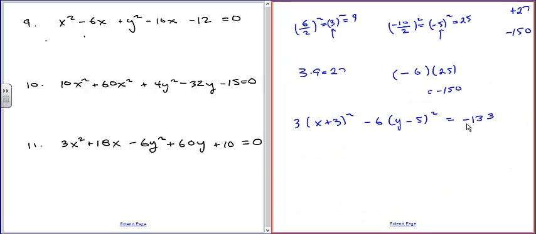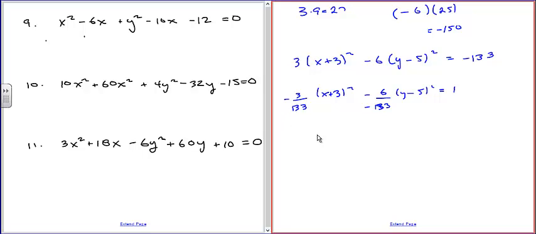Now, I'm going to divide by negative 133. So I'll have negative 3 divided by 133 times x plus 3 squared minus 6 divided by 133 times y minus 5 squared is equal to 1.